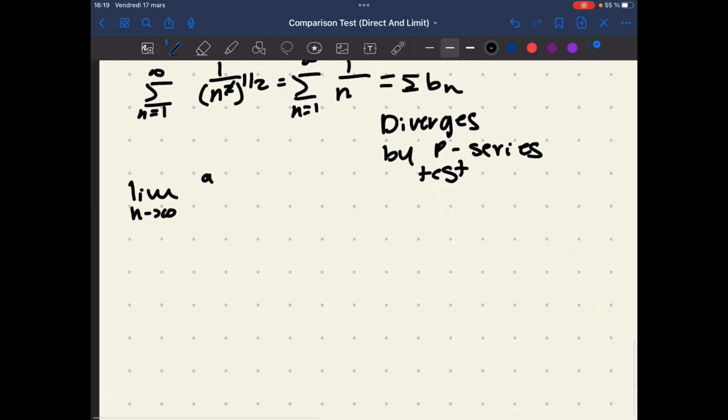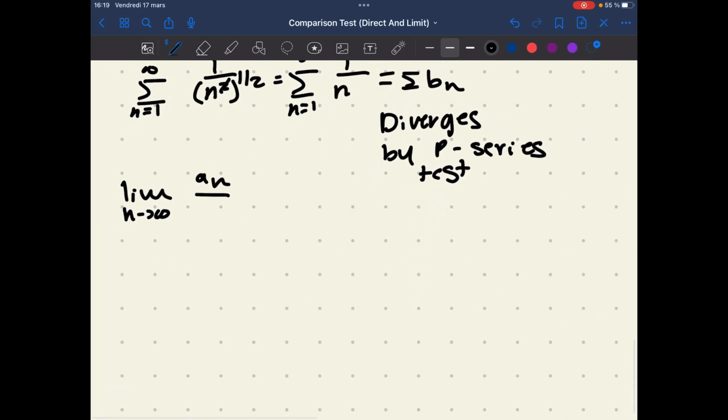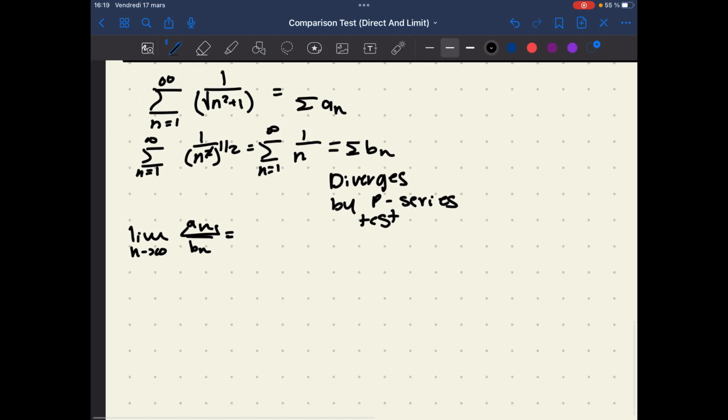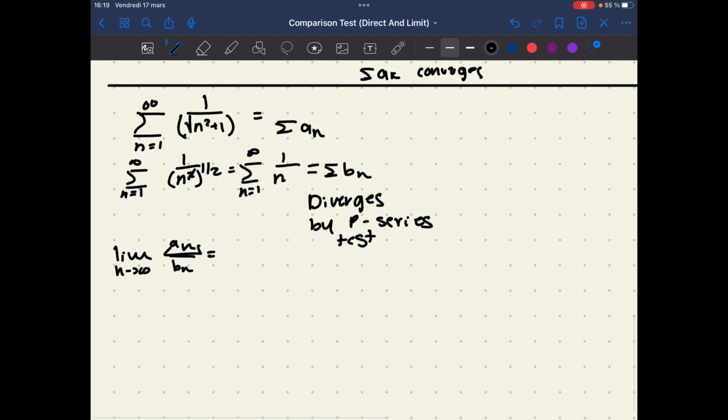So you'll take your series of a sub n, this right here, and divide it by this right here, or you can just multiply by the reciprocal. You see what I mean.